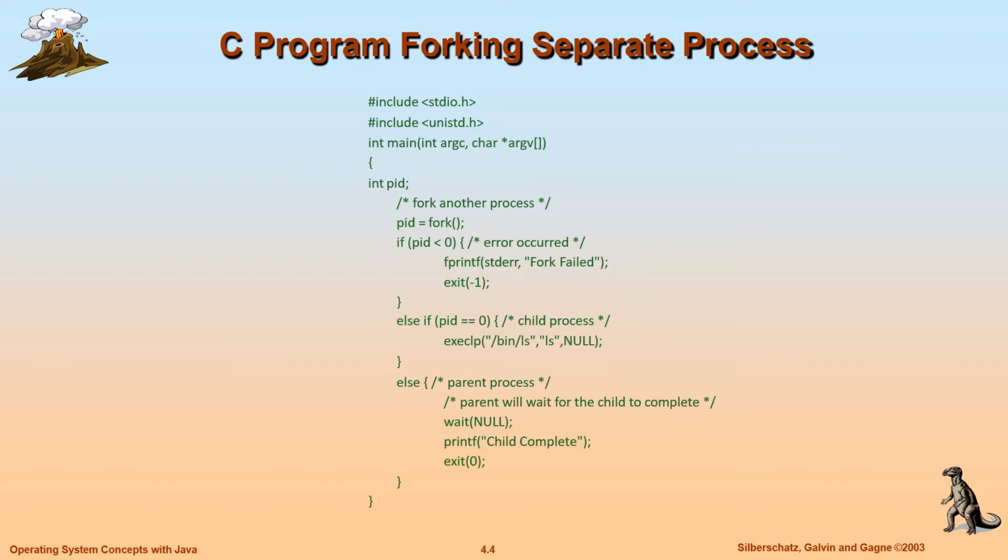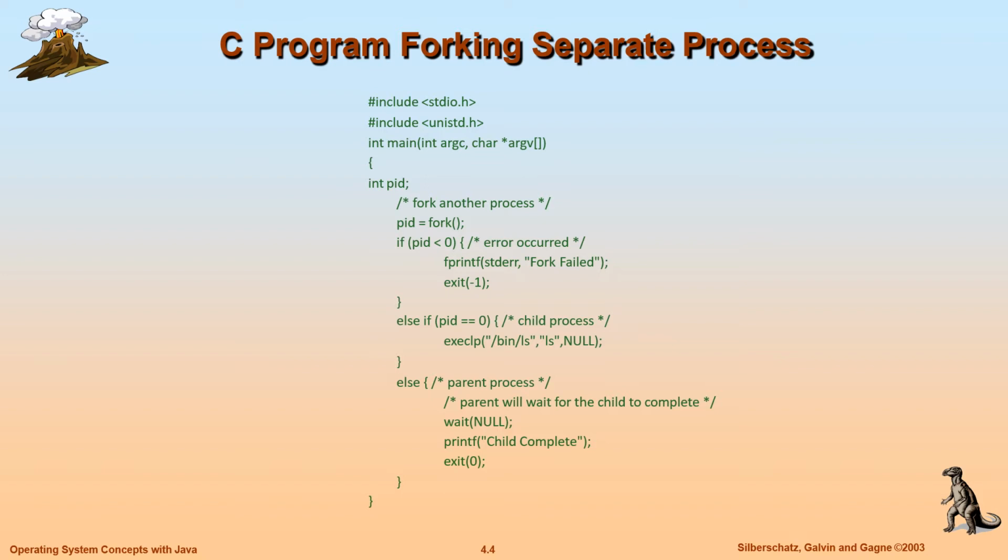Let us see. If pid is less than 0, it means it is a negative number, which means fork was not invoked. Pid should be equal to 0 or greater than 0, which means a child process is created. If more than that, it's a parent. Less than 0, meaning negative, means the child process was not created.